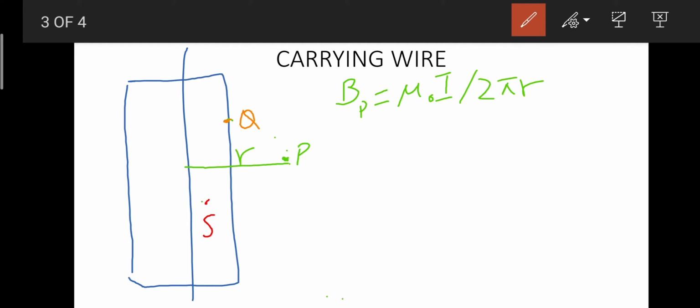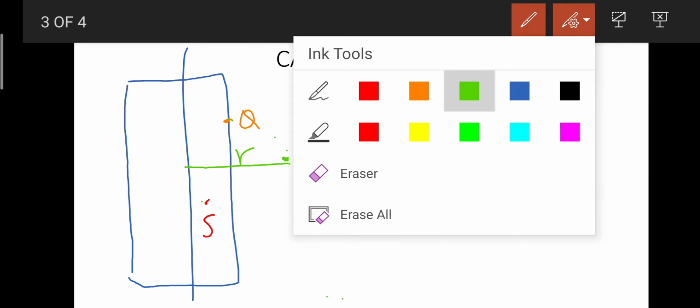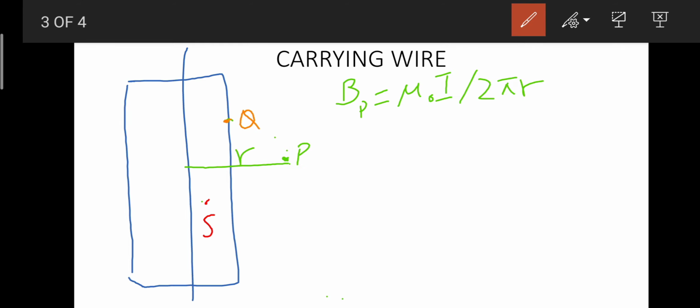Now, coming towards the fact that if I really want to determine B at particular point Q, which is the point lying on the surface. For this particular case, suppose I choose that the value of R is equal to the value over here. What will I draw?